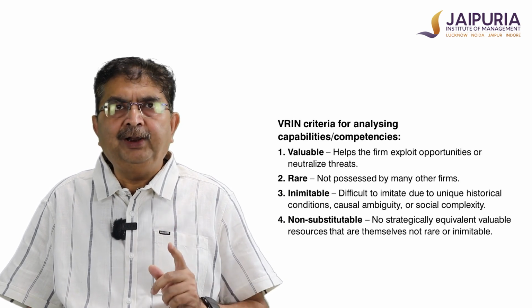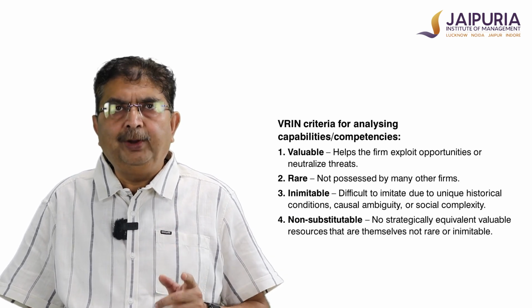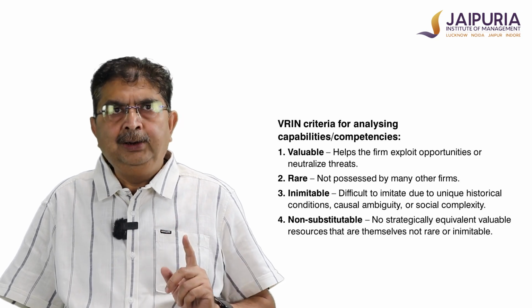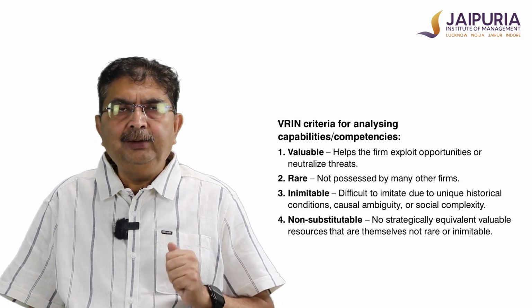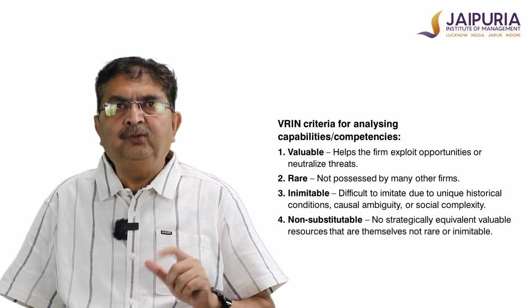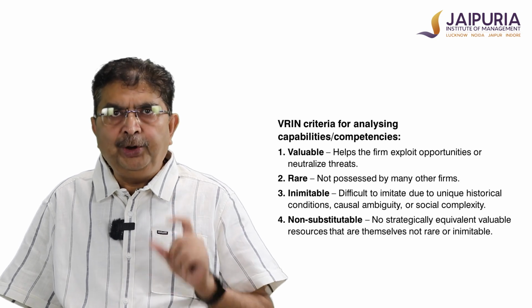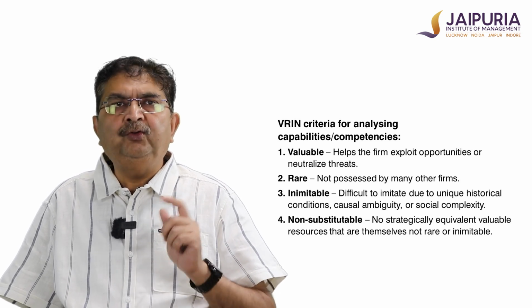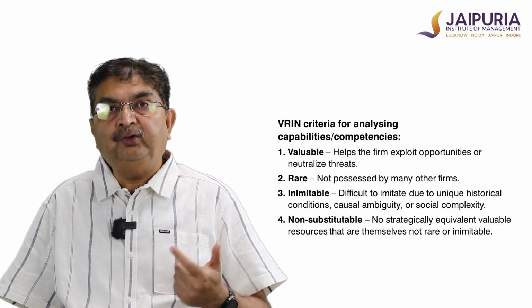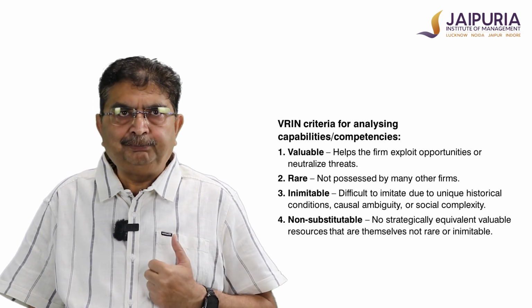The first of the criteria that we use is known as V. V stands for valuable, that is, whether a particular capability or competency is helping the firm exploit opportunities or neutralize the threats present in the external environment of the organization.